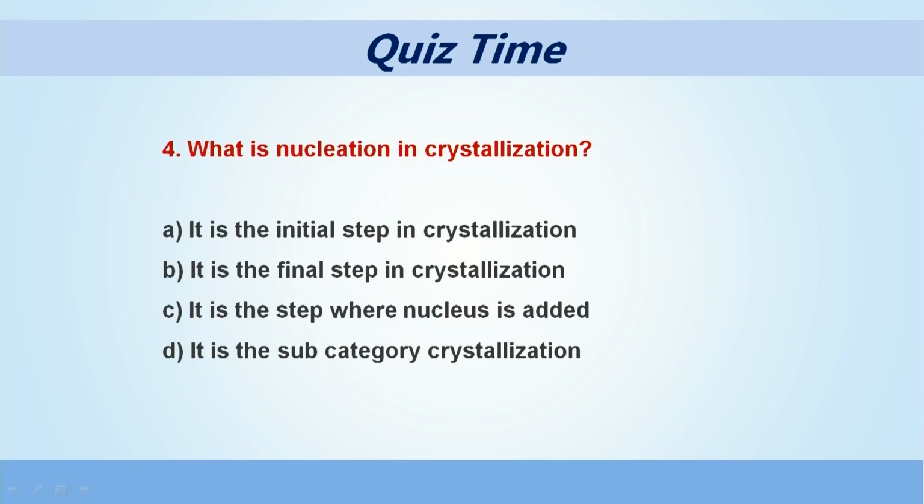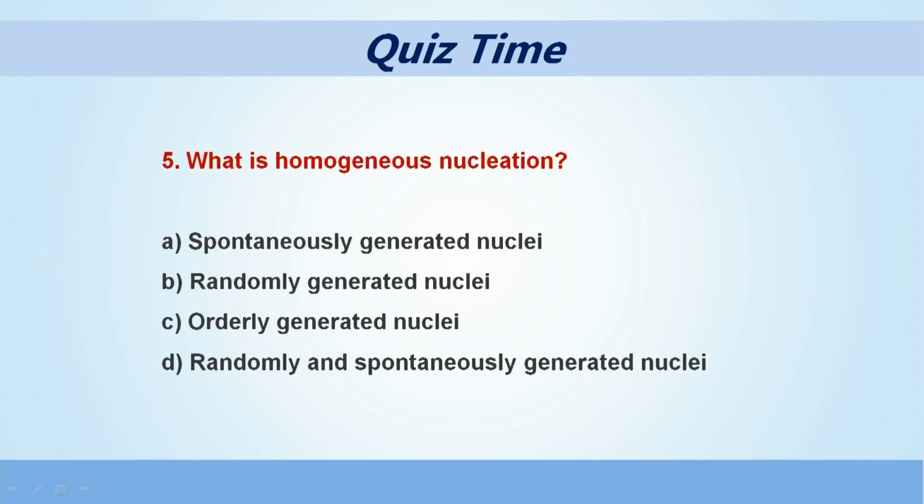Question number 4, what is nucleation in crystallization? You have four options. It is the initial step in crystallization, it is the final step in crystallization, it is a step where nucleus is added, it is a subcategory of crystallization. And the last question, what is homogeneous nucleation?